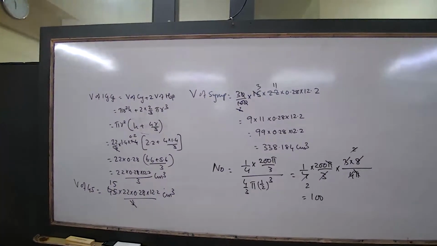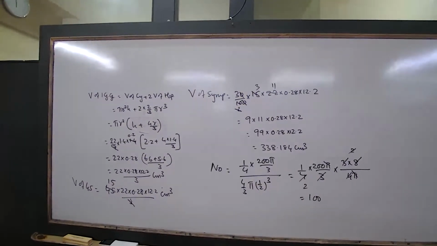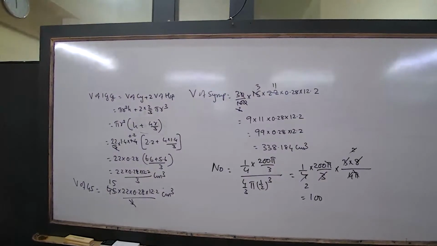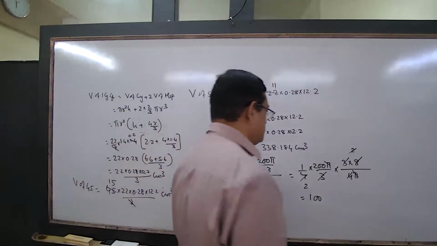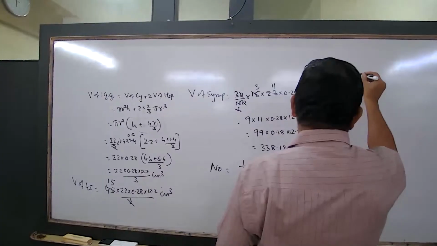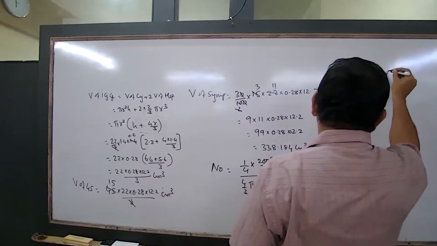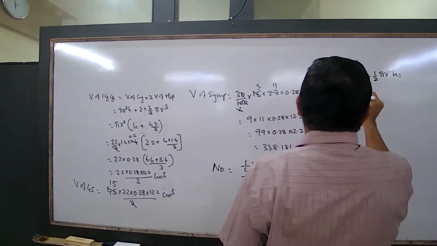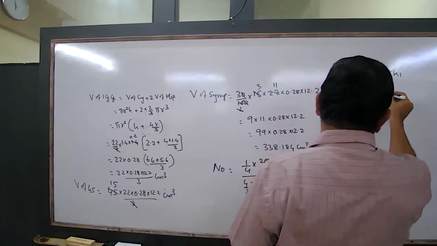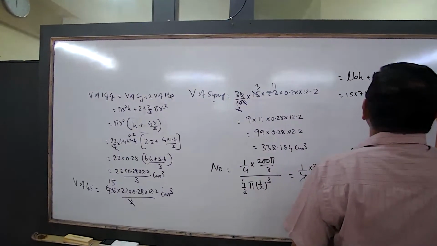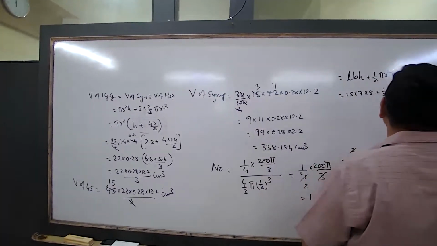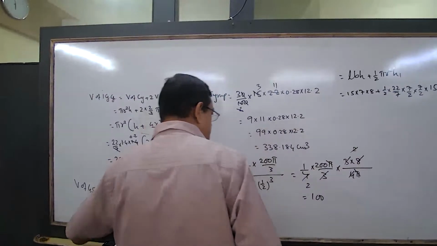Therefore, volume of the air is equal to volume of cuboid plus half volume of cylinder, which is equal to LBH plus half pi R square H1. 15 into 7 into 8 plus half into 22 by 7 into 7 by 2 into 7 by 2 into 15. Simplified.